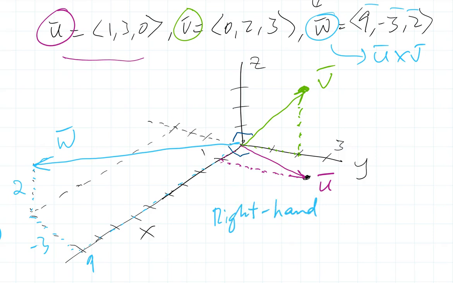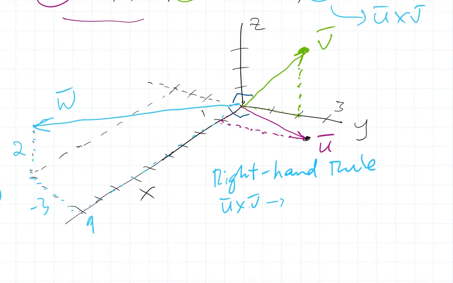Now, one rule is that we have to ensure that the right-hand rule is being taken care of here. The right-hand rule says that if you do U cross V, then you take your fingers for U and your palm for V, and W will end up where your thumb is.